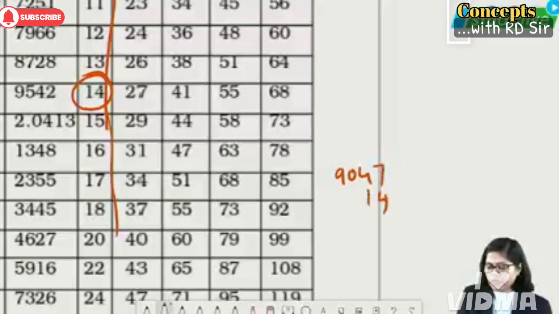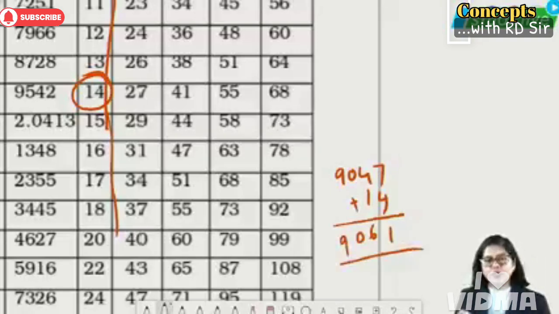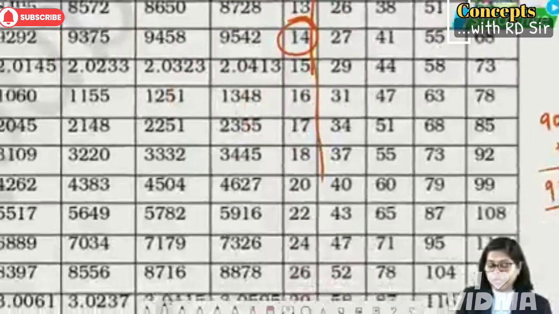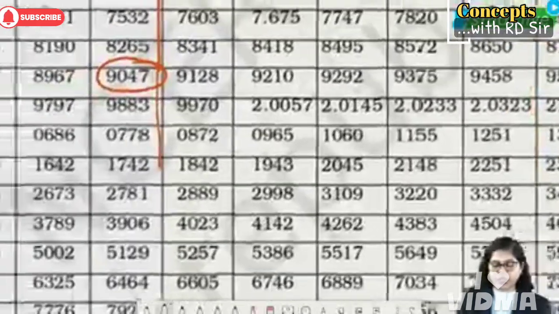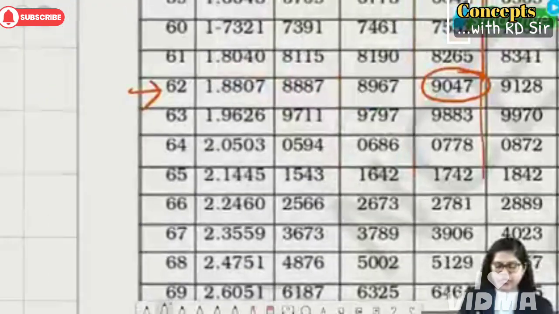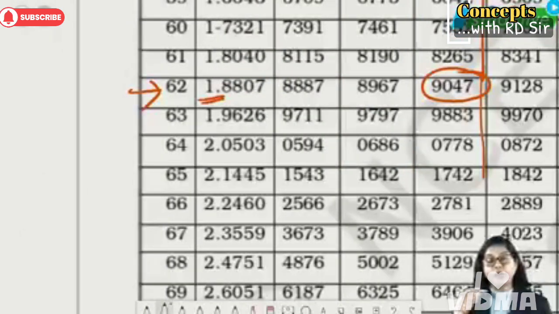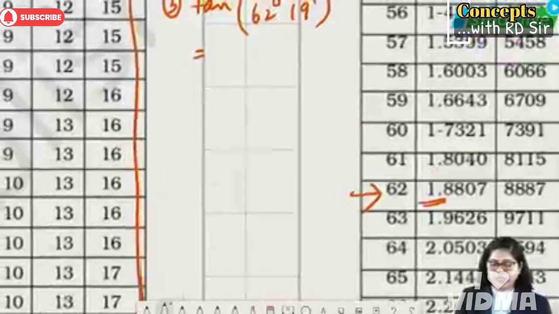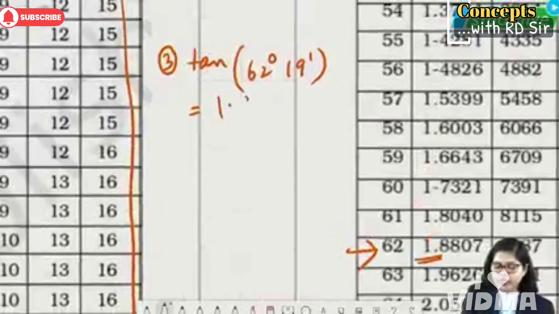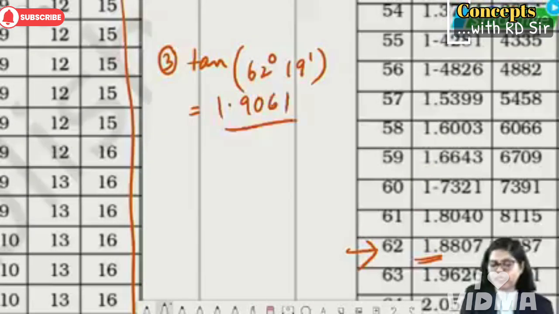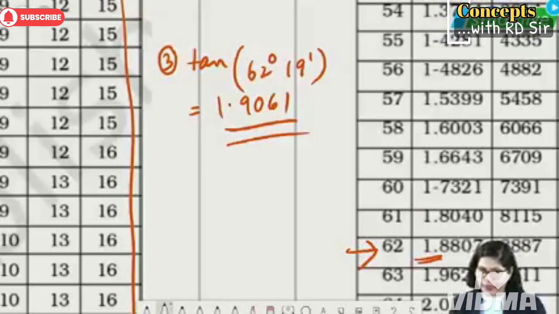Then 6, then 0 and 9, correct? So it is 9061. Now which value, point or what? Initially it is 1 point, so it is 1.9061. So the answer is 1.9061. This is how we have to see sine, cos and tan, right? I hope you have understood this particular part.